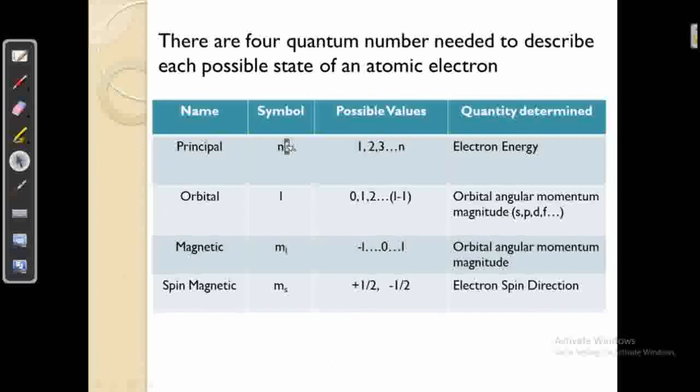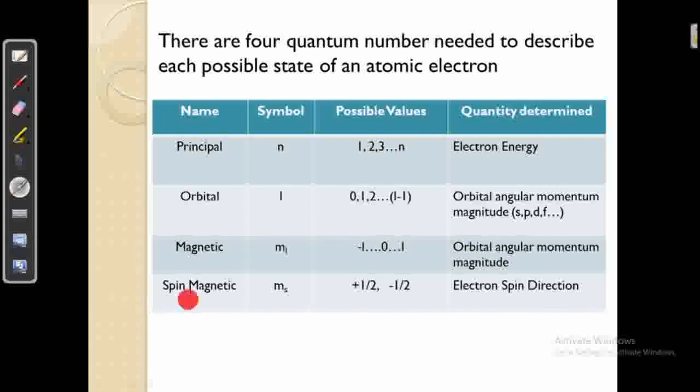Now almost all the properties or characteristics of the atomic structure were revealed using the four quantum numbers, and the fourth quantum number is the spin magnetic quantum number represented by ms, and the possible values are plus half and minus half, and it gives the direction of the electron spin in space.